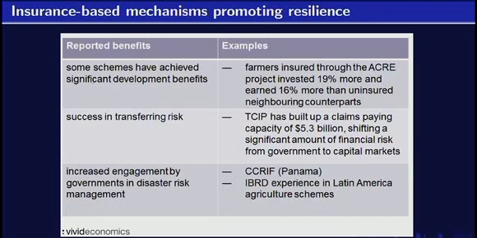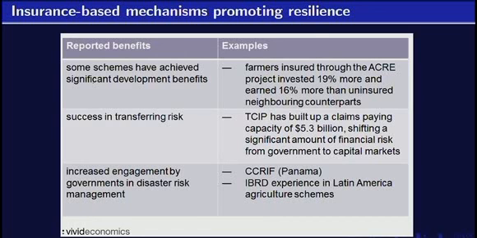That's the acronym ACRE. So these are some of the benefits that we can see. Some farmers were more risk averse. They would not be willing to participate in a program, but because they had insurance, people invested more than 19% and they earned more than 16% compared with those who didn't have insurance.